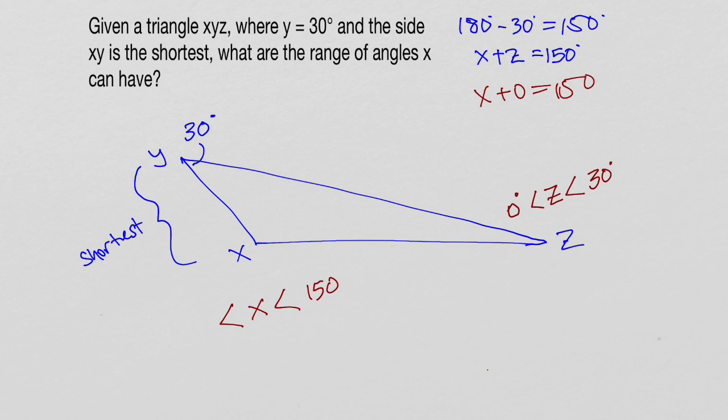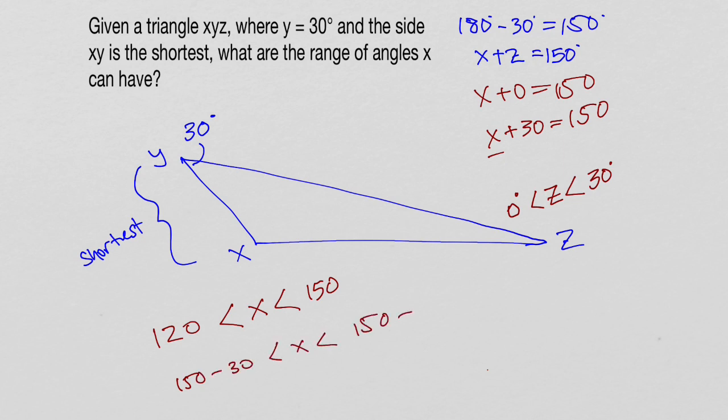And what would be the other side of that? Well, if Z were 30, that would leave us with 120 for X. So, 150 minus 30, and 150 minus 0. I think that works. I believe this would be our range right here.